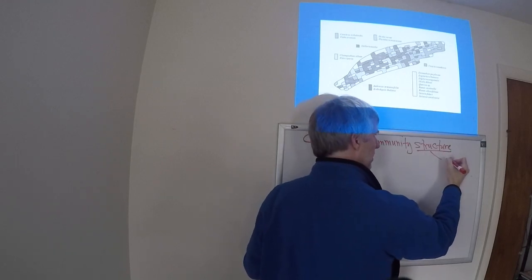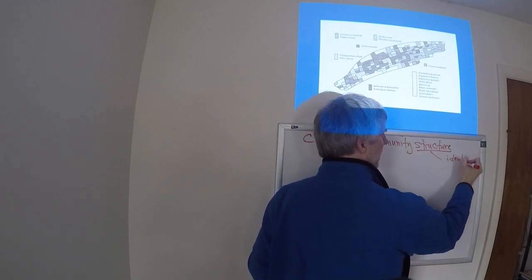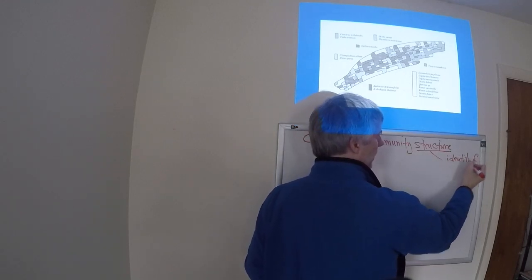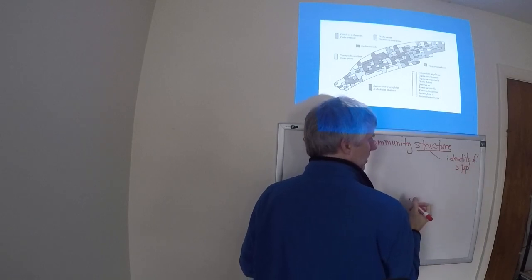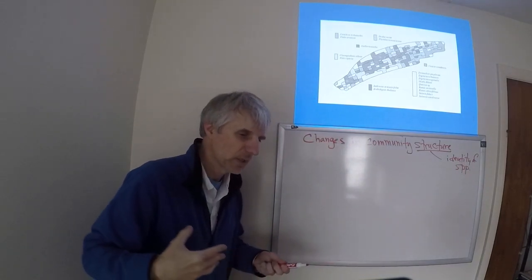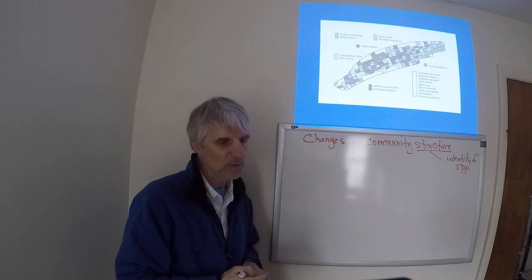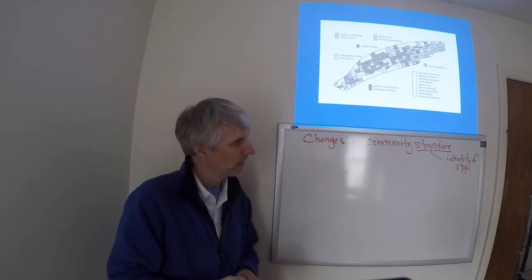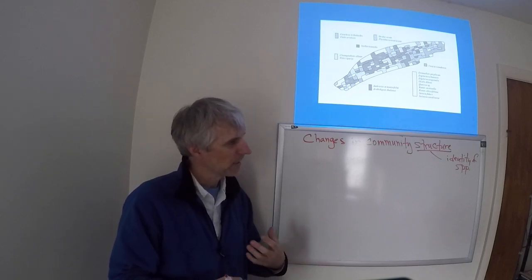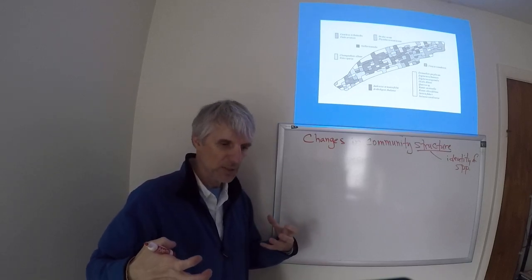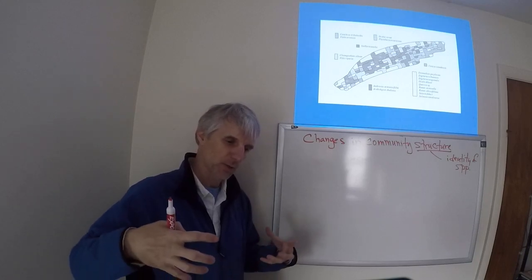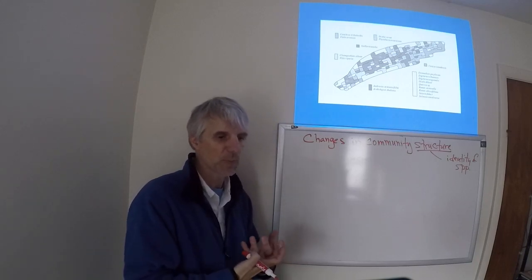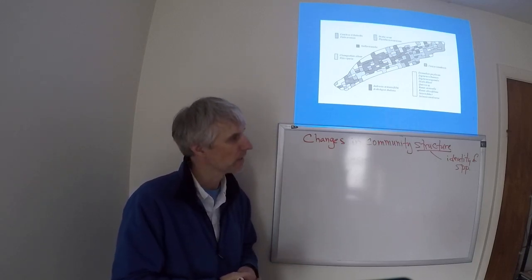The structure is the identity of the species themselves. Which species are part of the community? That's the community structure. Okay? It's not richness, it's how the community is constructed. You construct the community by using these species to build that community.